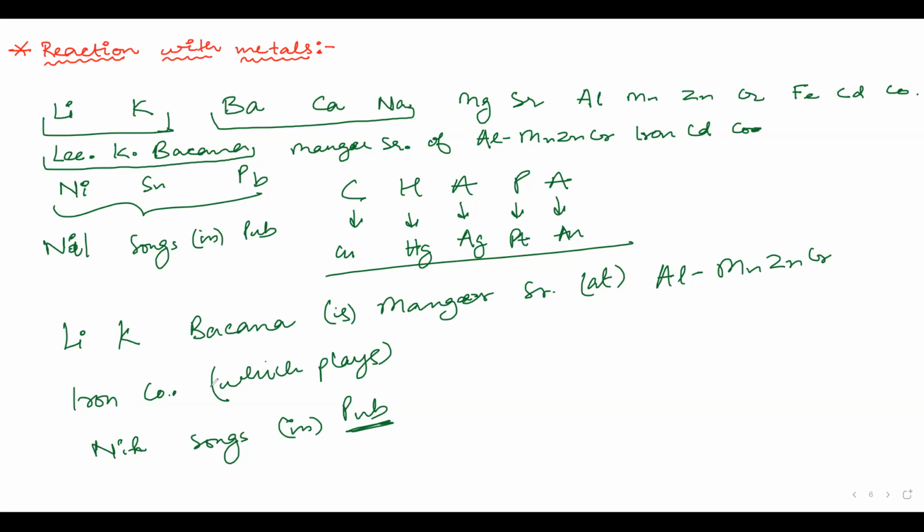The bracketed ones don't represent any element. The non-bracketed ones all represent some element. Manager is Mg, magnesium, and not manganese. Done, okay, fine.